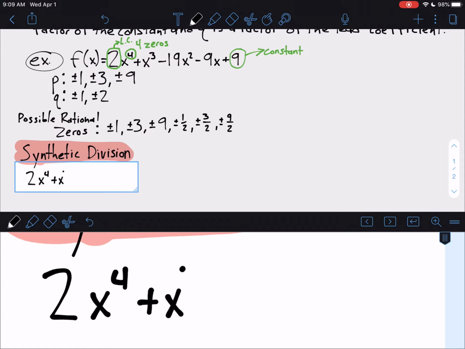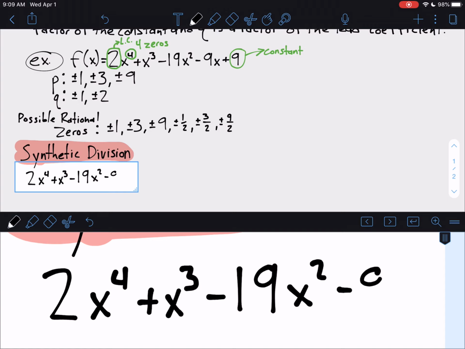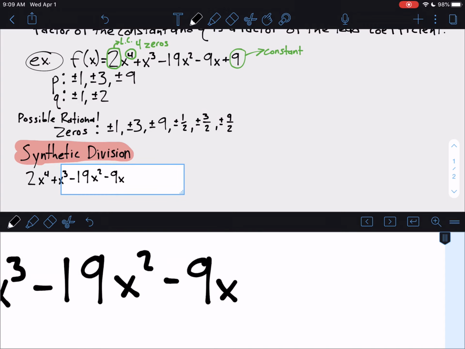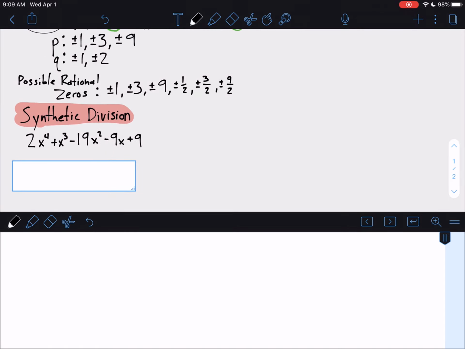So I have 2x to the fourth plus x to the third minus 19x squared minus 9x plus 9. And then I'm going to go down a little bit. My first number on the possible rational zeros was positive or negative 1. We can only test one at a time, so I'm just going to go positive 1 as my first number that I'm testing using synthetic division.